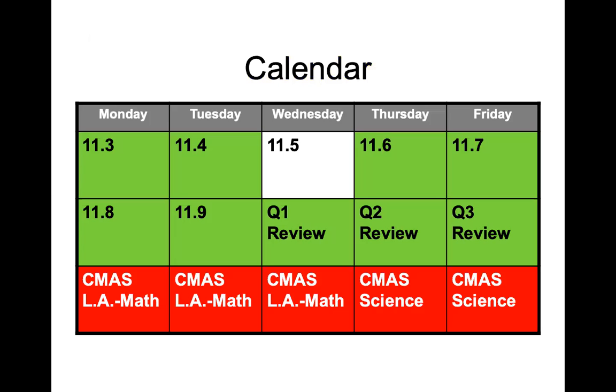All right, calendar. We're just driving on with this chapter. Next Wednesday, Thursday, Friday, I will do a quarter review. That will be your CMAS prep. I'll also pull up the CMAS practice math tests so we can look at what some of the questions look like. But it will primarily be a quarter 1, quarter 2, quarter 3 review. I don't like to do a specific CMAS prep because then I'll prep you on one specific question, and the likelihood of that question being on the test is 0.